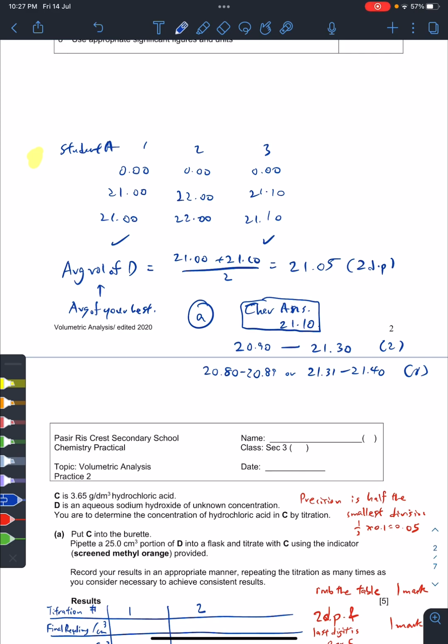What does it mean? It means plus minus 0.2 is 2 marks, plus minus 0.3 is 1 mark lah. That means you have a bit of buffer in that sense, you see.